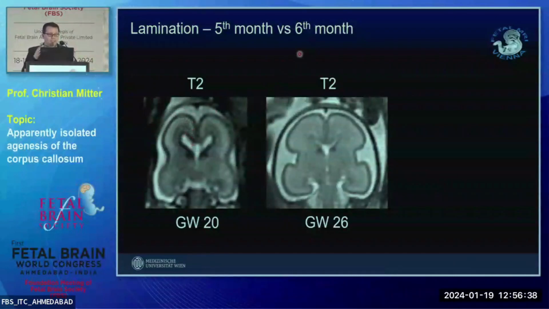Those signal intensities are mainly related to differences in cell density, extracellular matrix and water content. In the 6th month, as you can see here, those layers are not that well differentiated anymore, especially the subplate and the intermediate zone cannot be discriminated that well anymore on a T2 weighted image.